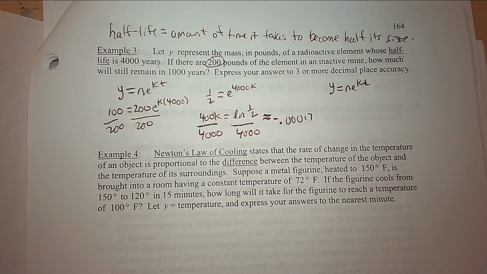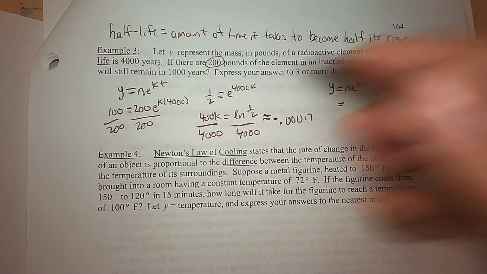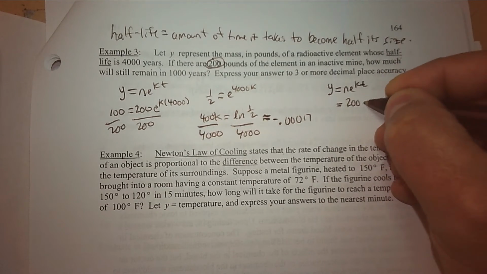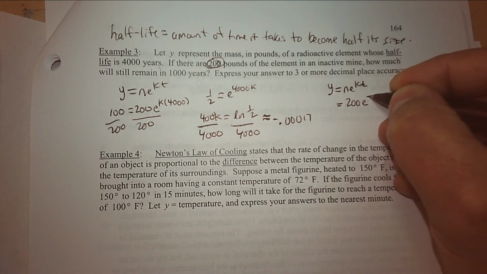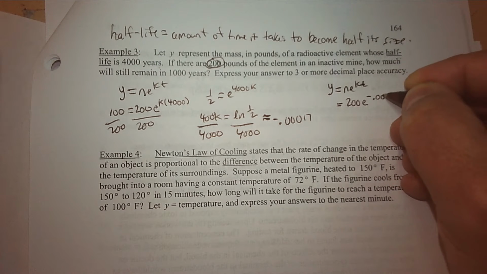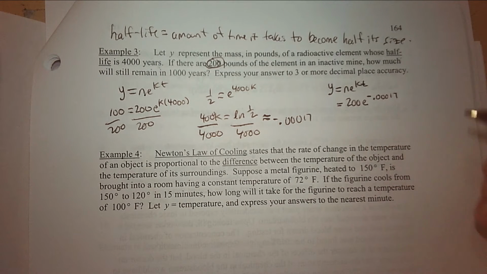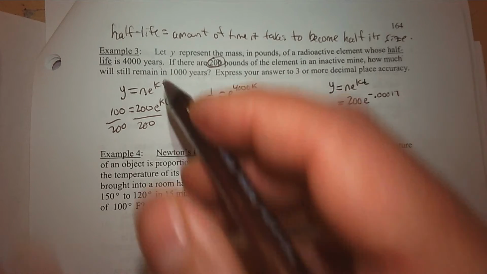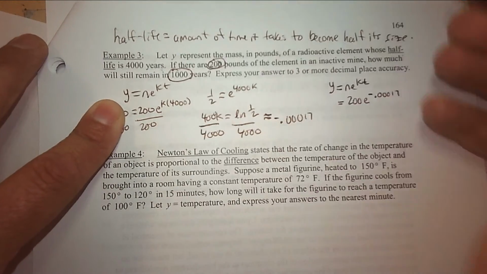Now I write down, again, how much is there originally of the substance? 200. Now I know the decay rate, negative 0.00017. Even though I'm not going to use that number, I'm going to paste in the exact long number, right? T, it says, how much will still remain in how many years?